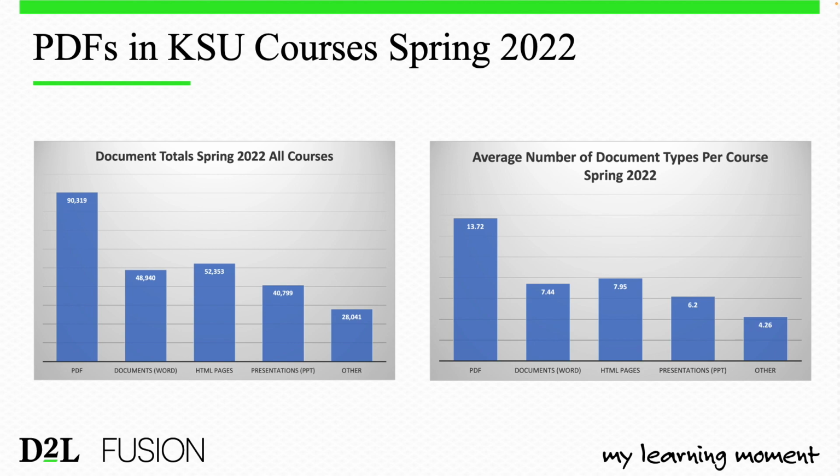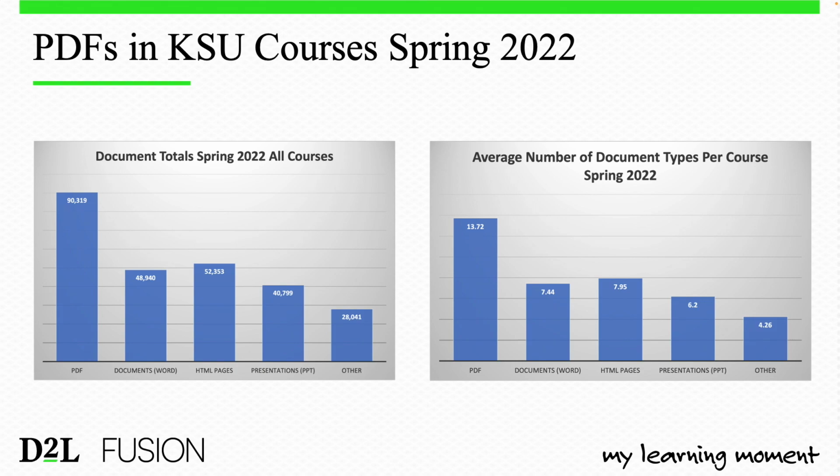When it came to all the different types of documents in our LMS in D2L, we had 49,000 Word documents, around 52,000 HTML pages, around 41,000 presentations, whether that be PowerPoint, etc., and just 28,000 or so other types of document files.